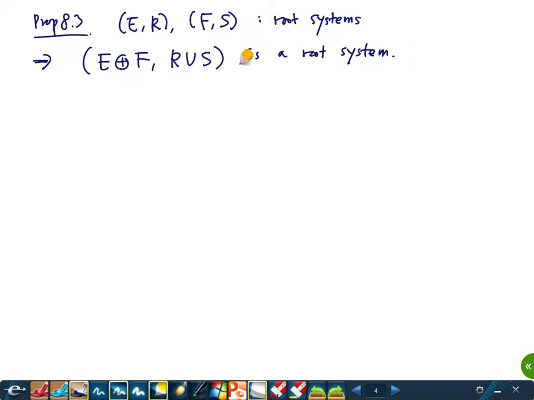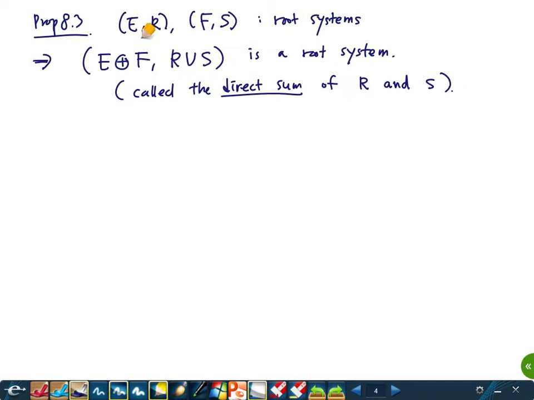And this is called the direct sum of R and S. So direct sum. Of course, we have to define exactly what this means. So here, okay, we have to say something, because when we have a root system, this is a real vector space, but we also have an inner product.